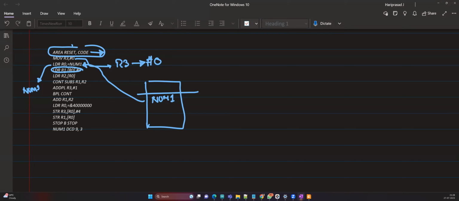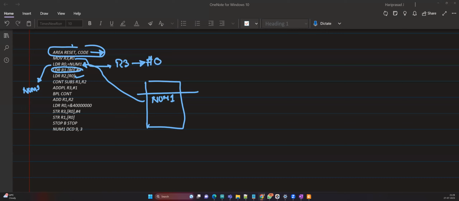Okay, 4 bytes of data will be loaded from R0. Here R2 will be loaded with the contents at R0.